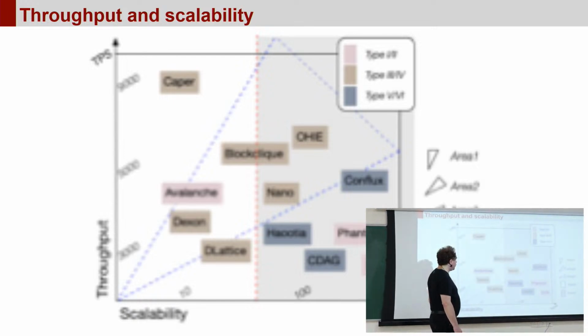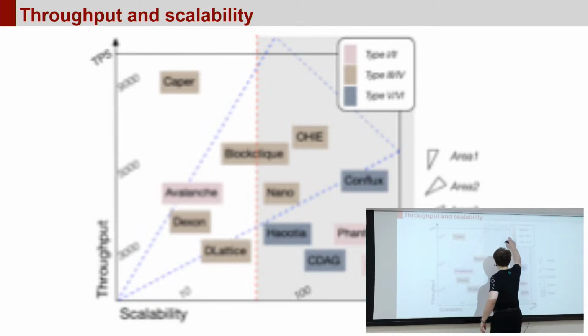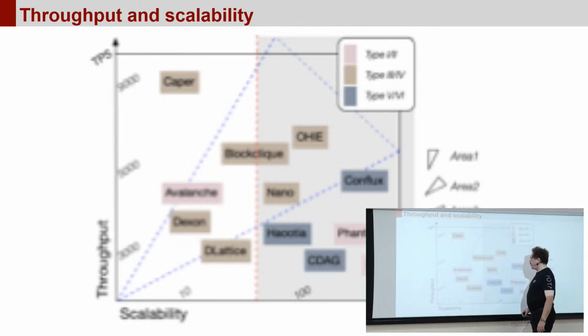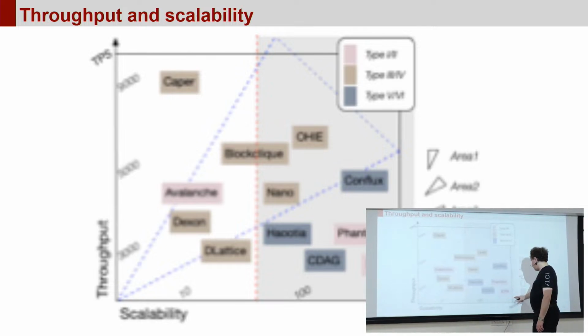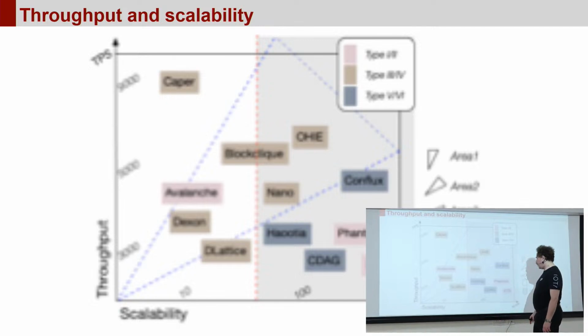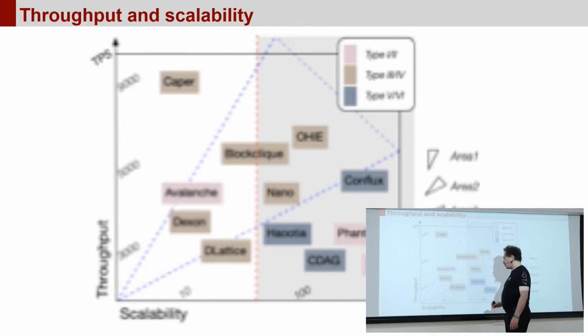The ideal situation, of course, would be here, but most of the systems are not like that. IOTA can have many nodes, like Bitcoin, and its throughput is higher than that of Bitcoin, but not very significantly higher.